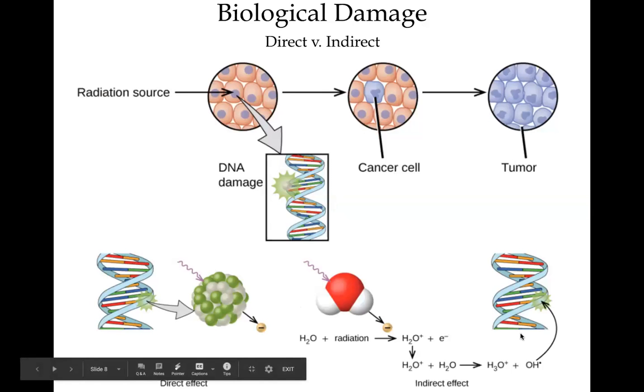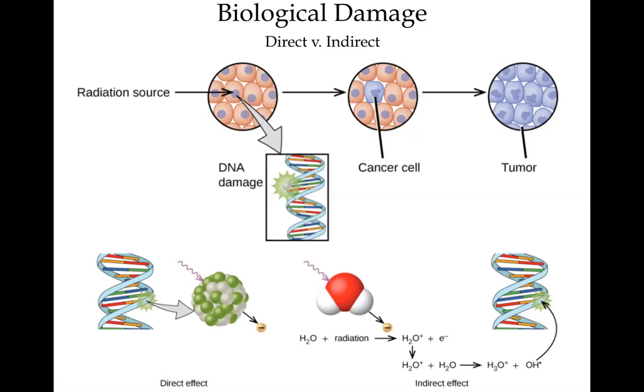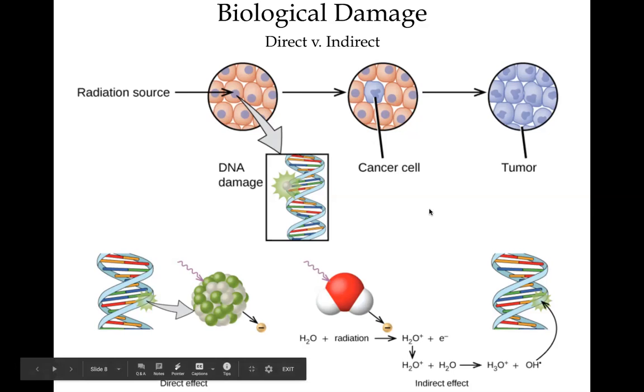What is the role of ionizing radiation, though, to our body? Because that's the stuff that really messes with us. So it can be a direct impact, or it can damage our bodies indirectly. A direct effect would be some kind of radiation source.